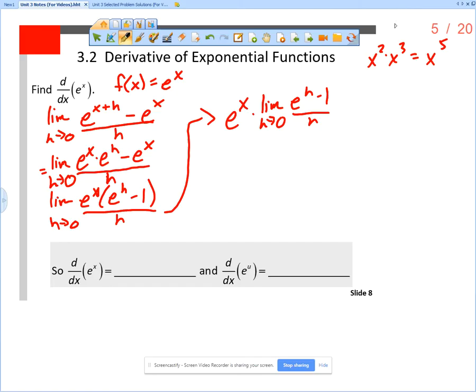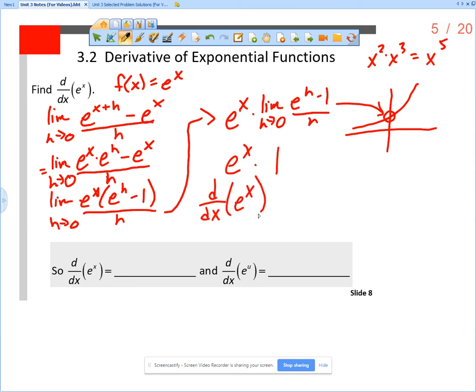So if I look at e to the h minus 1 over h, the value of the limit is the y value of that graph, and so it's actually 1. So that means e to the x times 1, which means what? That the derivative with respect to x of e to the x is e to the x.